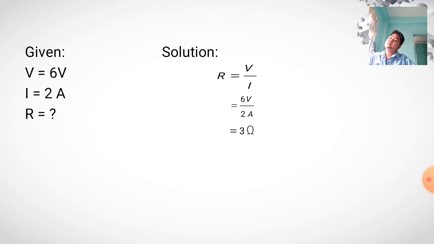Voltage is 6 volts, current is 2 amperes, and we need to find the resistance. The formula for resistance is R equals V over I. Substituting the given, R equals 6 volts over 2 amperes, which equals 3 ohms.